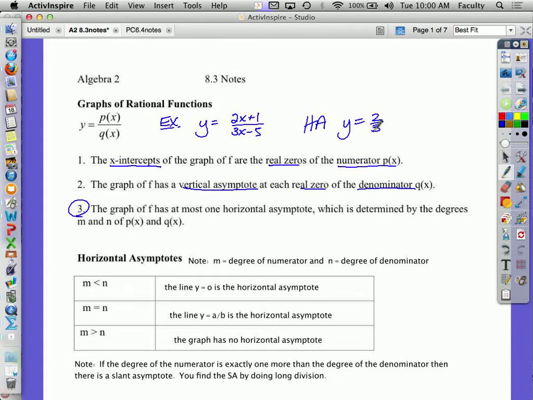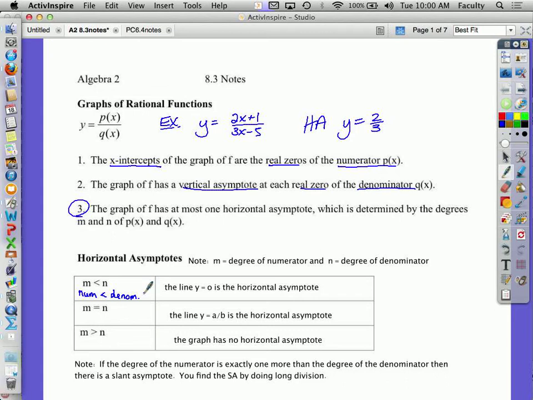In the chart, it says we're going to let m be the degree of the numerator and n be the degree of the denominator. So if m is less than n, that means the degree of the numerator is smaller than the degree of the denominator, then y equals 0 is the horizontal asymptote.